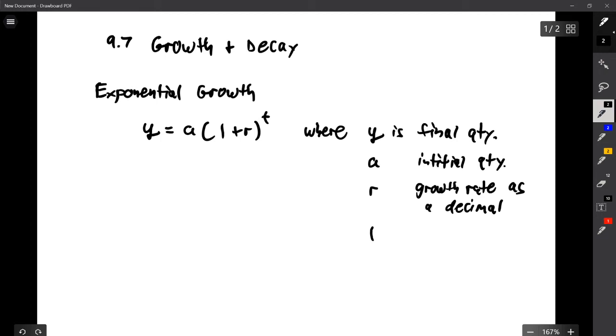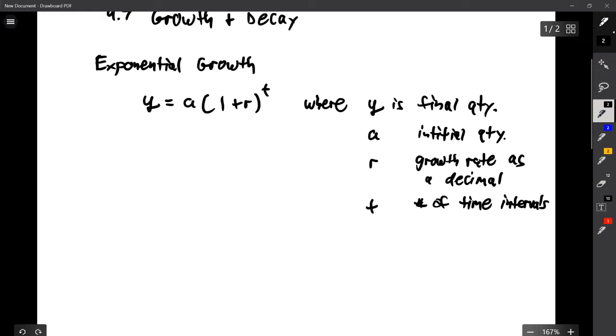And t is time, the number of time intervals. I'm going to leave it at that because it depends on what your rate is based on. If r is an annual rate, then t would be the number of years. If r is a daily rate, then t needs to be the number of days. So let's do an example.